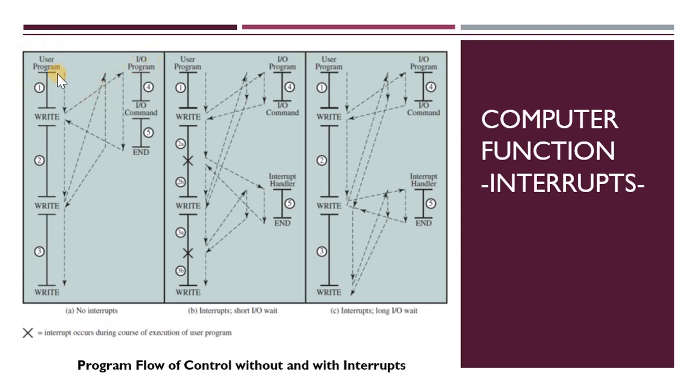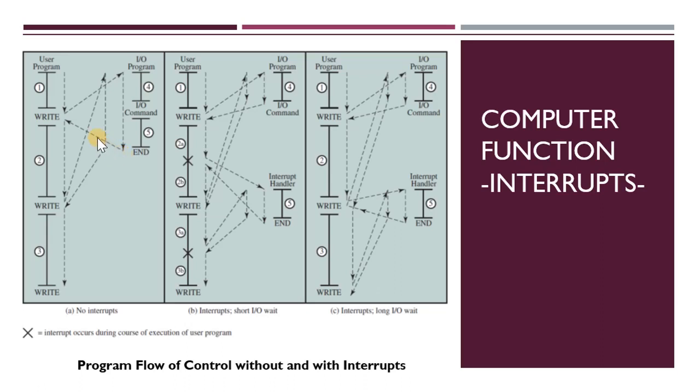The user program runs smoothly until the write calls the input-output program, and this input-output program runs smoothly until it flags either successful or unsuccessful completion of the input-output operation.